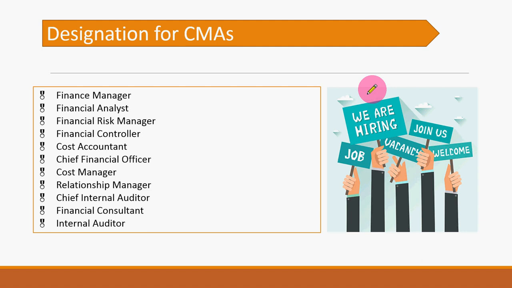The first one is the finance manager. In case you're handling end-to-end finance of an organization, you might end up getting a finance manager role. You might become a financial analyst. You can see a lot of opportunities for this in multinational companies, wherein a qualified person will be given a financial analyst role.